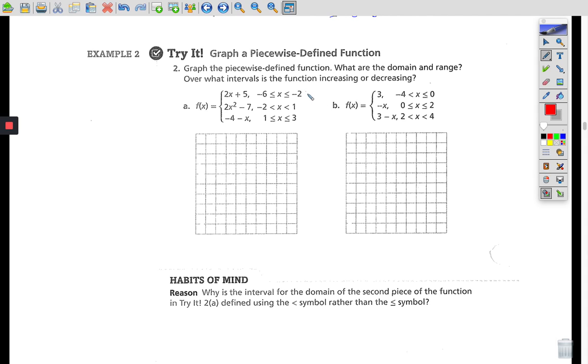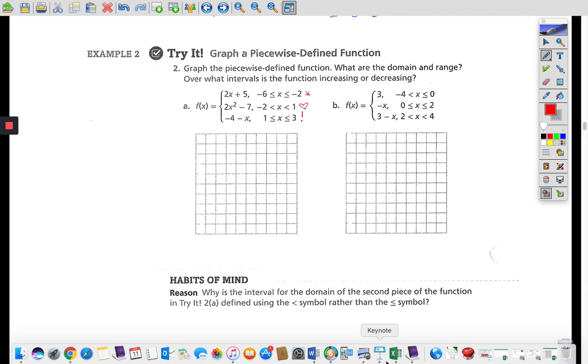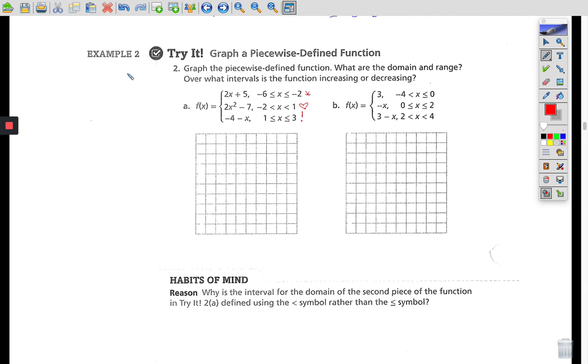So I'm going to use a star for this first graph, a heart for the second, and an exclamation point for the third. So first I'm going to make a table over here in my little margin.